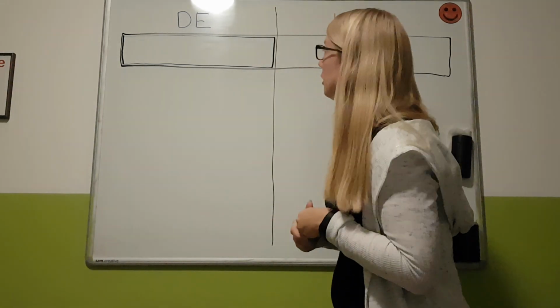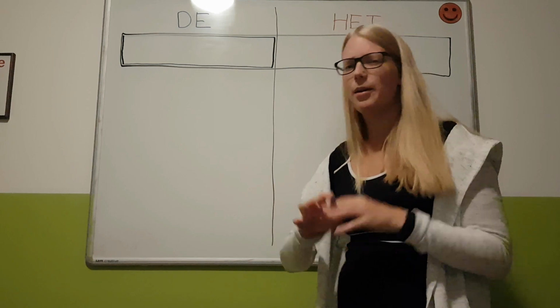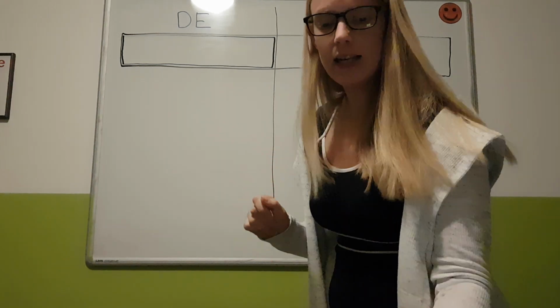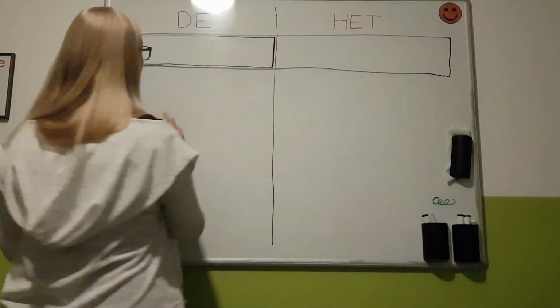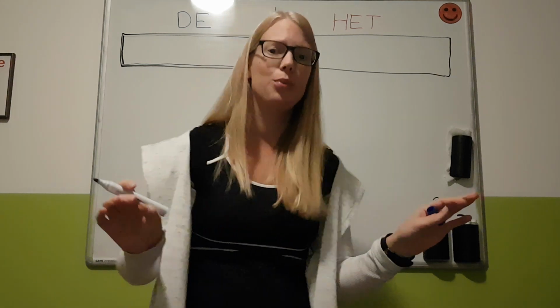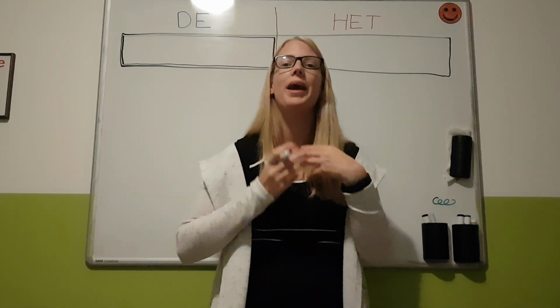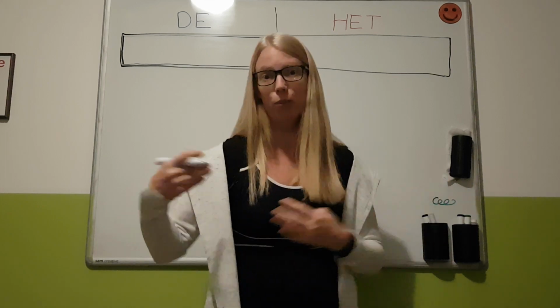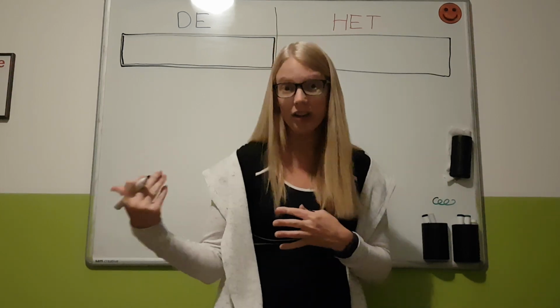Okay? So the most important and most dominant rule that we have is that the words, no matter which property it has, as soon as you put them into plural, so more than one, so not book but books, in Dutch it would be boeken.